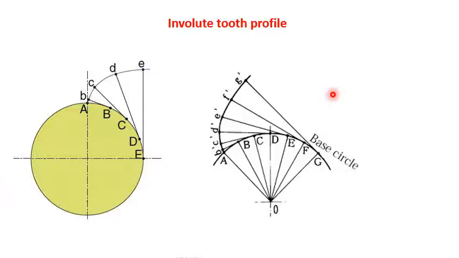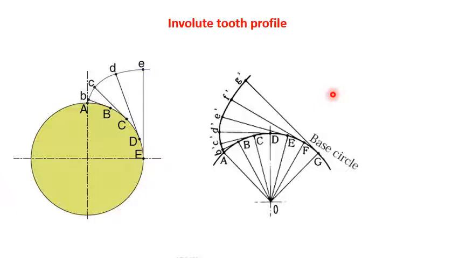A variation in center distance does not affect the velocity ratio in case of involute, whereas center distance should not vary in case of cycloidal. So it is easier to manufacture the involute tooth profile, whereas cycloidal is difficult to manufacture. These involute teeth are weaker, whereas cycloidal are stronger with smooth operation.